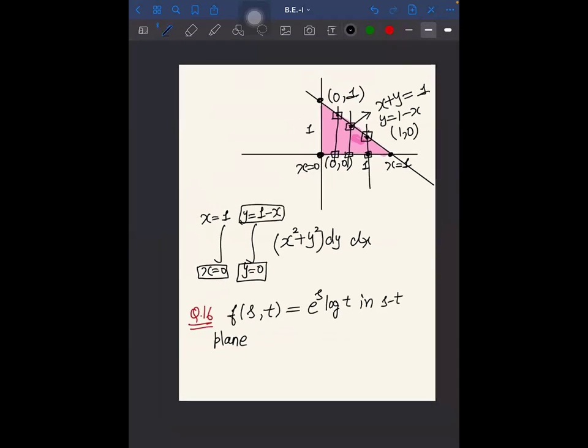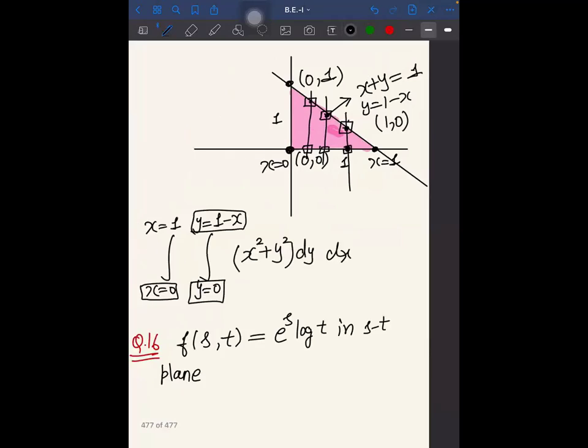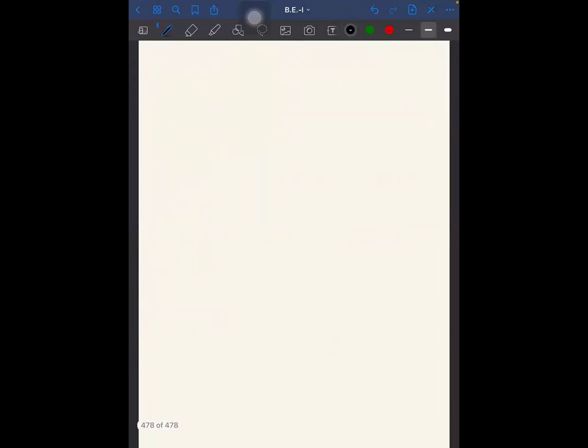So given that, the region in the st plane is what? Now mark me the region.